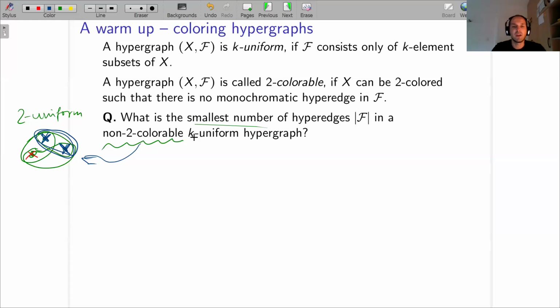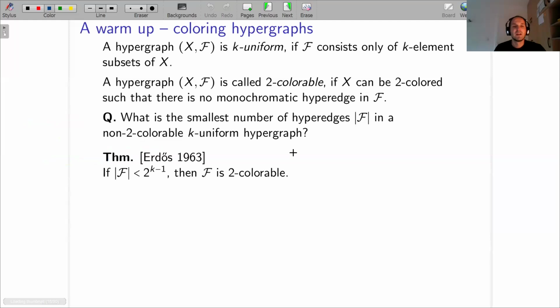So this question for general K, as I said, is a very important question. And there is a famous theorem of Erdős from 1963, sort of officially or unofficially the first application of the probabilistic method, where he showed that if a family, a collection of K-uniform hypergraph or a collection of K sets, has less than this many elements, then it is two colorable.